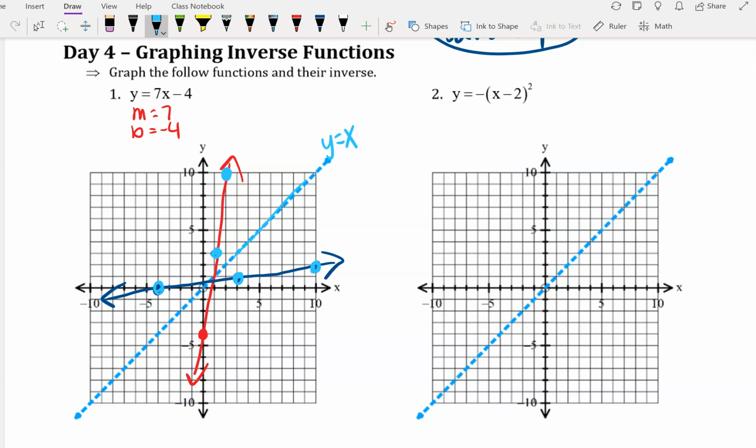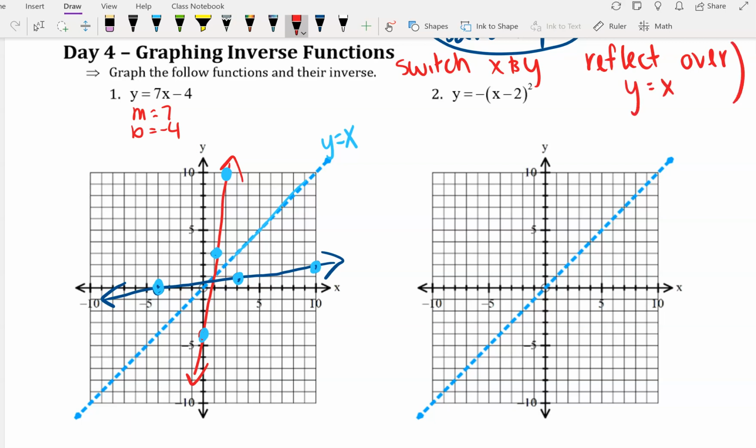Same with this point. So to graph an inverse function, you switch x and y, or I guess or, you're reflecting over y equals x. So that's what's happening here.